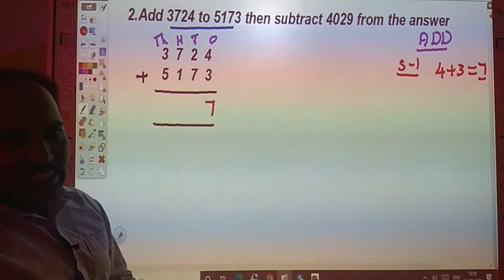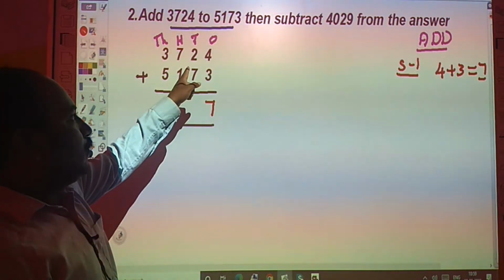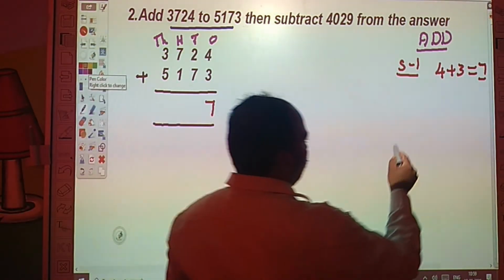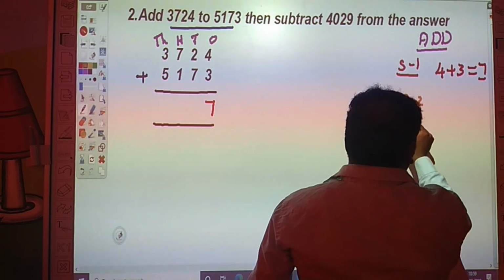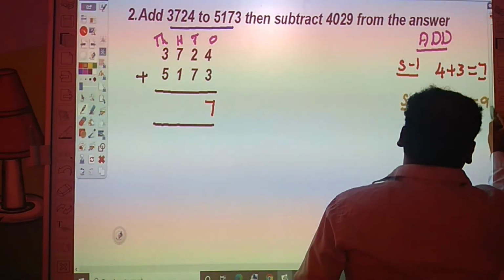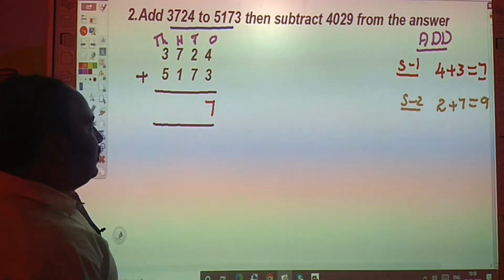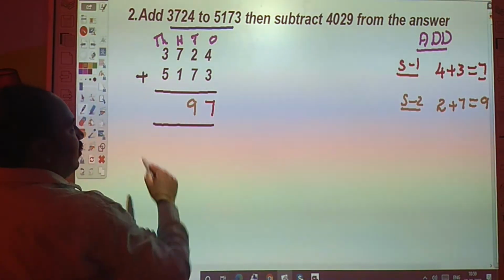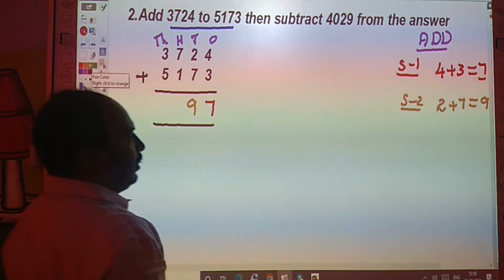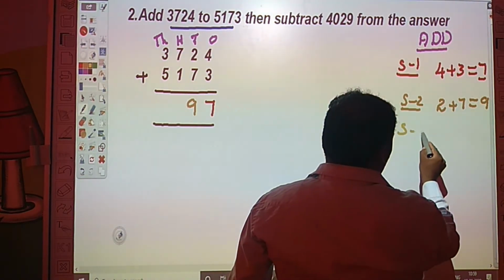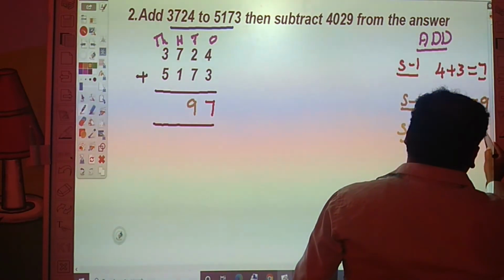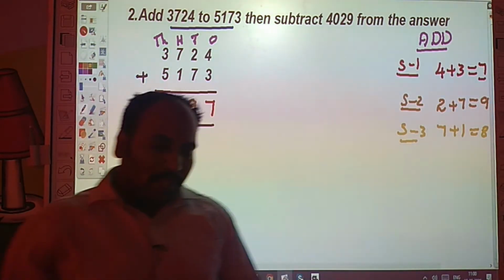Next we go to the tens place. Step 2: 2 plus 7 is equal to 9. The next is the hundreds place: 7 plus 1 is equal to 8.